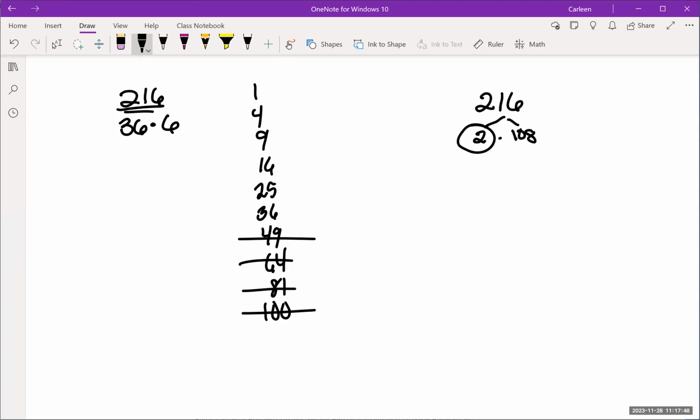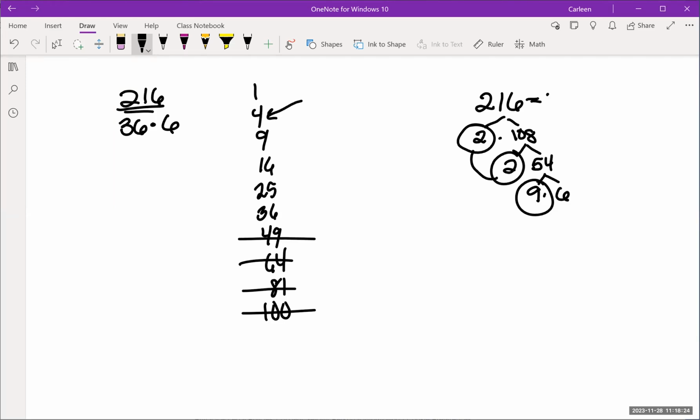Prime number. 108 can be divided by 2. 108 divided by 2 is 54. We got another prime number. 54 is 9 times 6. I got a perfect square. Perfect square is better than a prime number. So I'm going to put these two together because I want perfect squares.